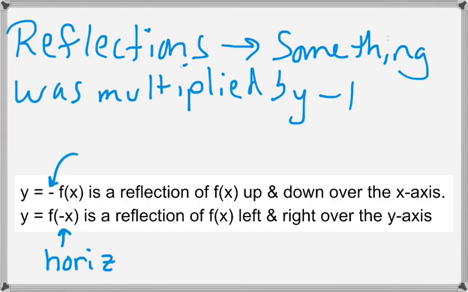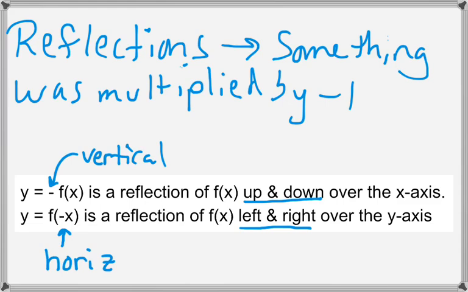Anything not with x changes the y direction, which is the vertical direction. So that's why the first one is going to reflect up and down over the x-axis. The second one is going to be a horizontal left and right reflection over the y-axis. And again, any point on the axis that we're reflecting over will just stay the same.